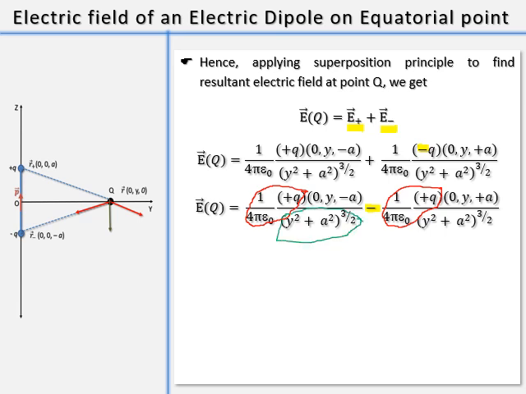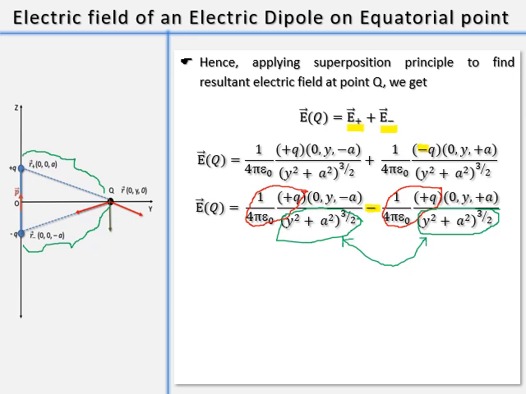Look at the denominator. It is y square plus a square raised to 3 by 2. Why? Because the denominator is indicating the distance of q. When you look at the denominator, you are talking about the distance between q and the positive charge. You are talking about the distance between q and the negative charge, and obviously the two distances are the same, and so are the denominators.